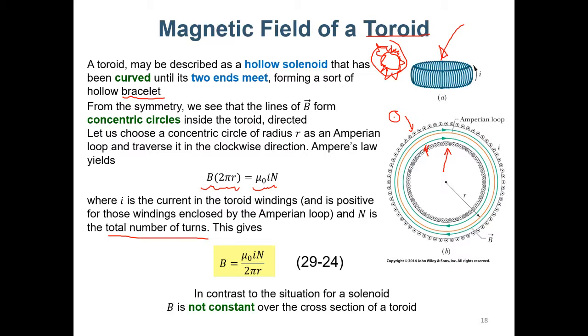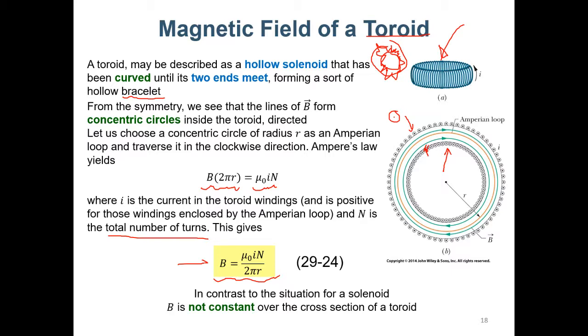So the total current going through this Ampere loop is simply I times capital N, where N is the total number of turns. So we can divide 2πr on both sides. So B is μ0 I times capital N over 2πr.